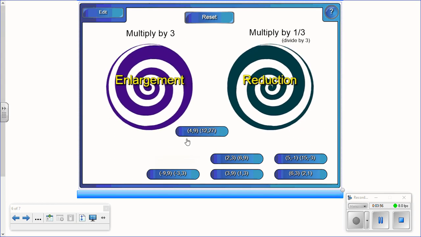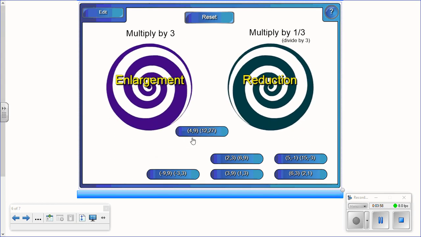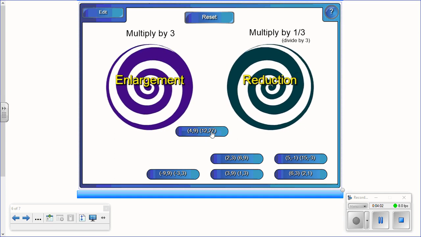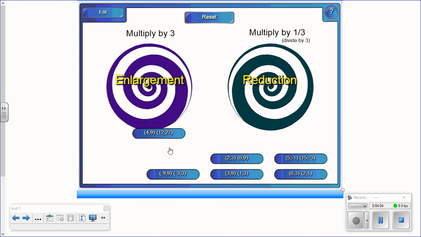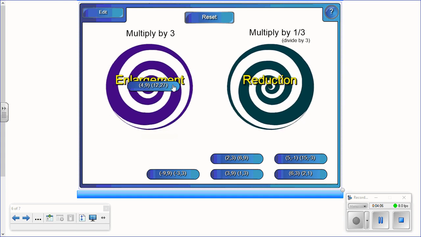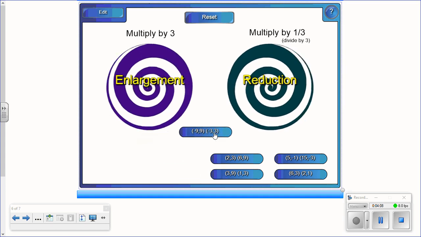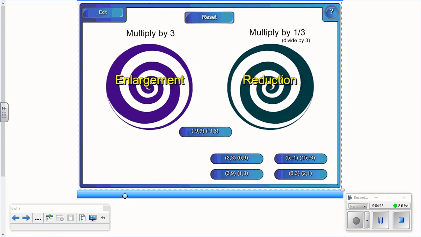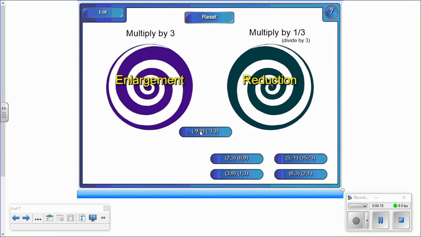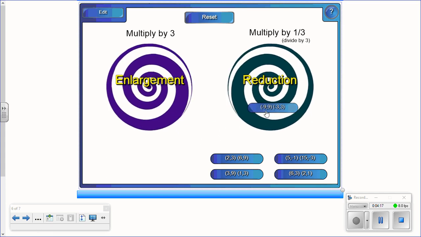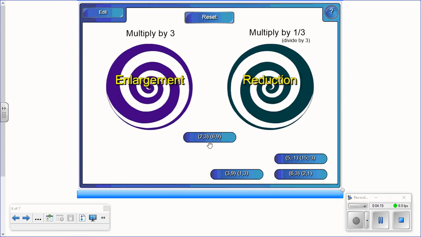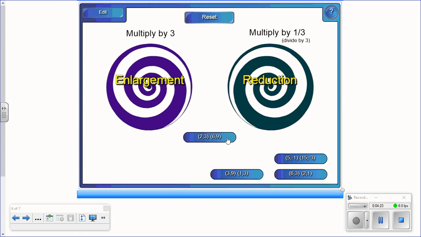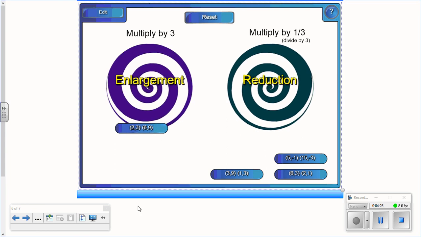Here we're going from (4, 9) to (12, 27). Multiply 4 times 3 to get 12 and 9 times 3 to get 27, so that's an enlargement. This one we're going from (-9, 9) to (-3, 3). It's getting smaller. We're multiplying by 1/3 or dividing by 3. Here we're going from (2/3, 2/3) to (6, 9), which means we're multiplying by 3. It's an enlargement.